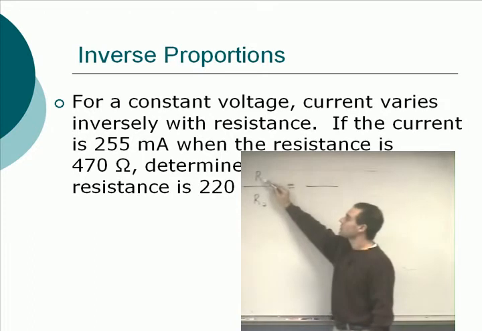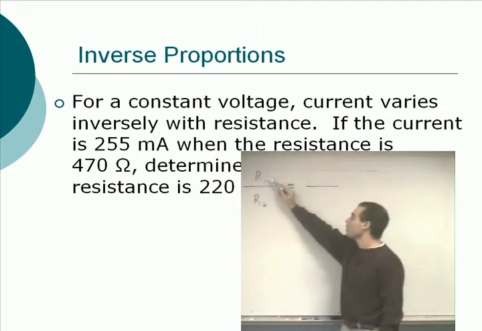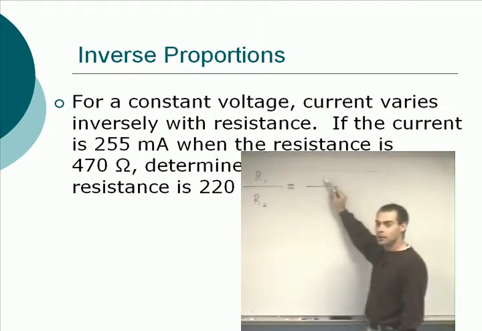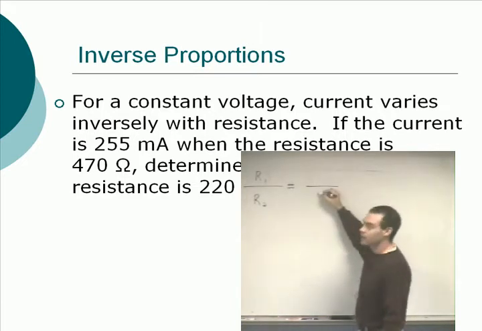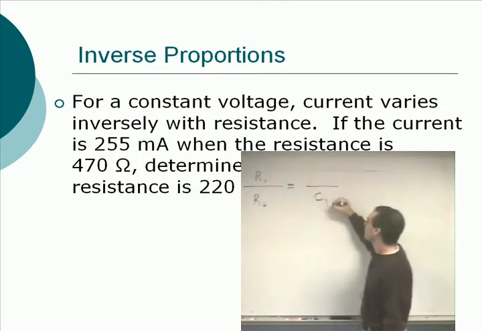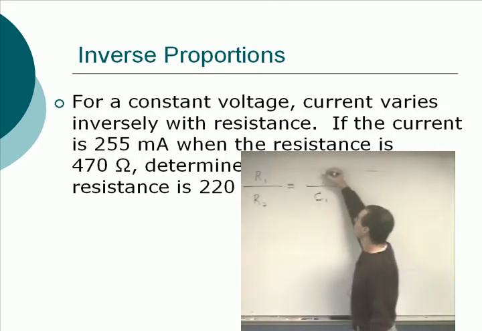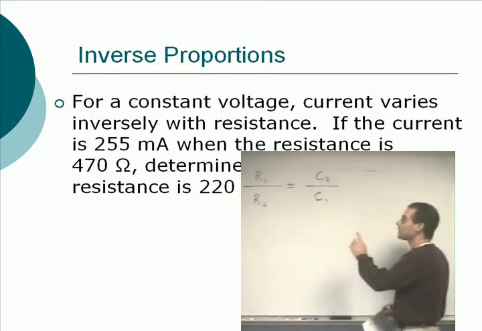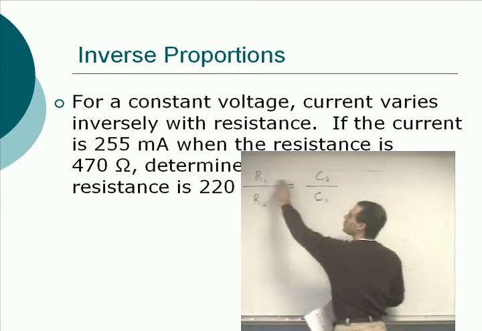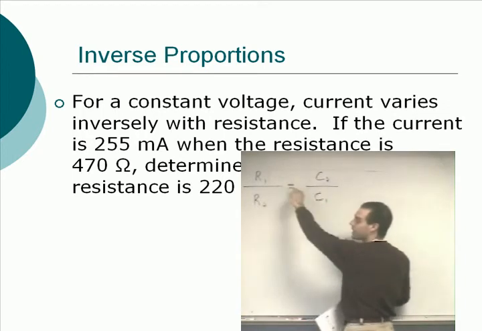So we don't put the current in the first circuit up here. We put it down here. So this would be the, I know that the symbol for current is I, but I'm going to write C. The current of the first one compared to the current of the second one. In an inverse variation problem, the two things are related diagonally.